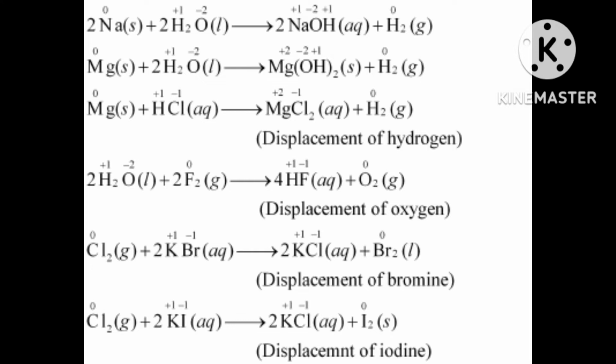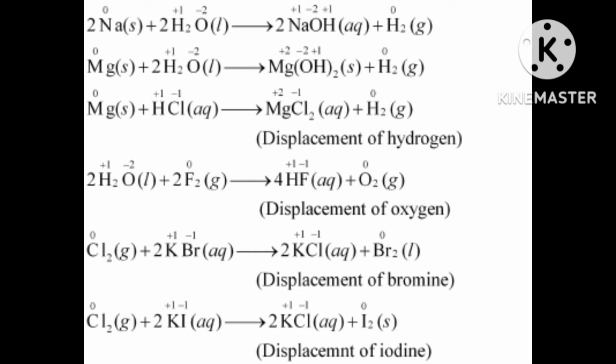Okay, and this I told you. In the activity series, it will be arranged like that only. Now, this I have told you about their tendency to lose electrons, and that's why they are showing reducing activity.